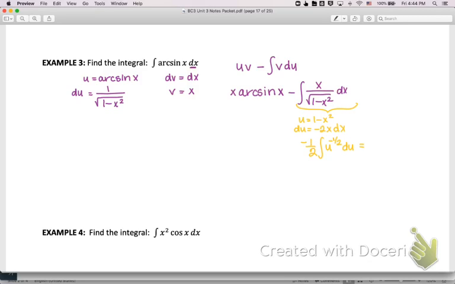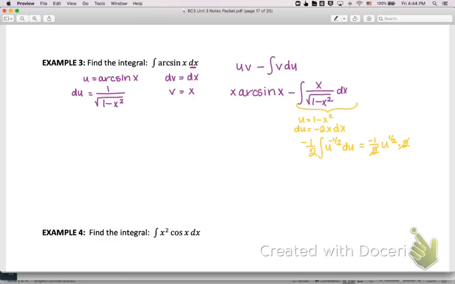And that comes out to negative 1/2 times u to the 1/2, and then we have to divide by 1/2, which ends up multiplying by 2. So that gets rid of that. We're going to get the plus c eventually, so I'm not going to worry about it so much here. We just end up with minus u to the 1/2.